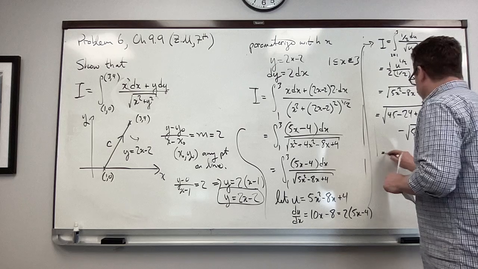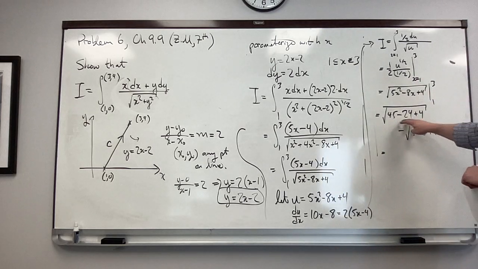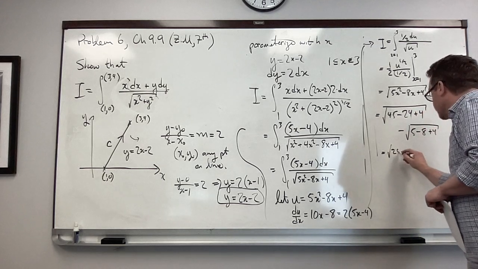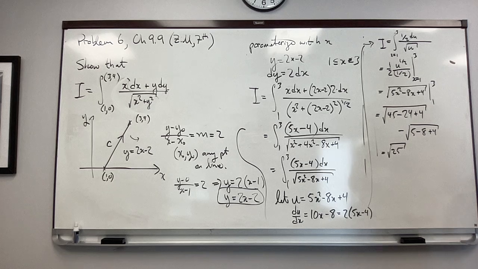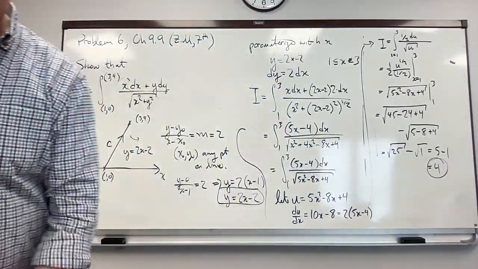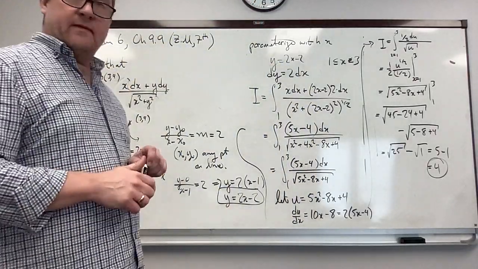So this becomes 25, square root of 25, and then I've got minus square root of 1, so this is 5 minus 1 equals 4, which is the same answer we got when we did the potential function. Okay, so that's it. That's the entire problem.